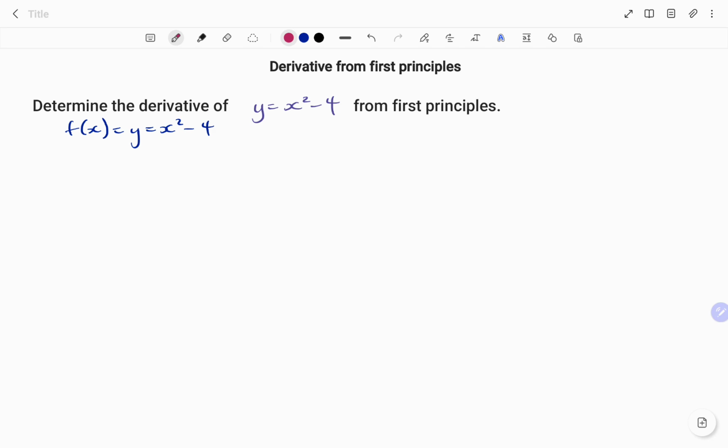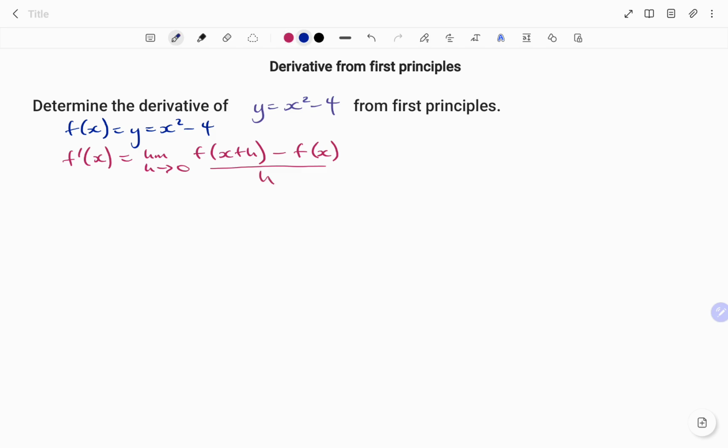The formula we'll be using from first principles is f prime of x equals f of x plus h minus f of x. Oh, I forgot to put my limits. I'm going to correct that. I have my limit as h tends to 0, f of x plus h minus f of x all over h.